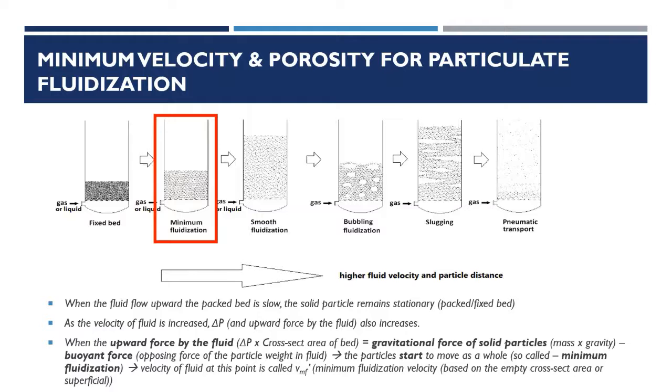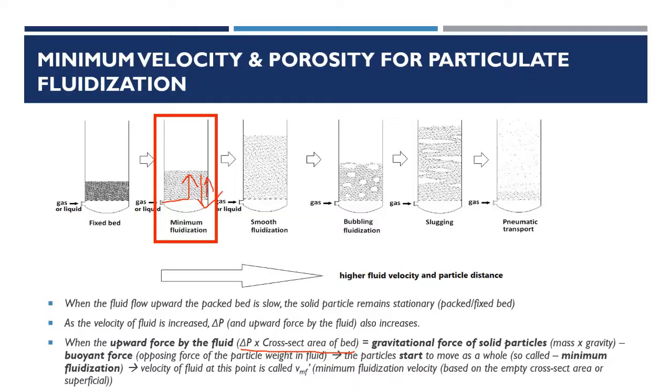Let me try to use the pen. Okay, so I will repeat again. When the upward force by the fluid, which can be expressed as delta P times cross-sectional area of the bed, equals the gravitational force of the particle, because the particle has a mass, so of course it will have a gravity force, minus the buoyant force.